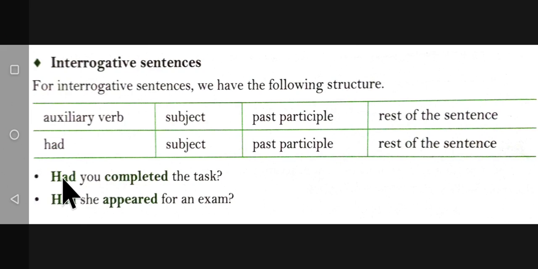So had is again auxiliary verb, then comes you, that is subject, then comes completed, that is past participle form of the verb, and then rest of the sentence, the task. And of course, students, because we are dealing with interrogative sentence, don't forget to put question mark.